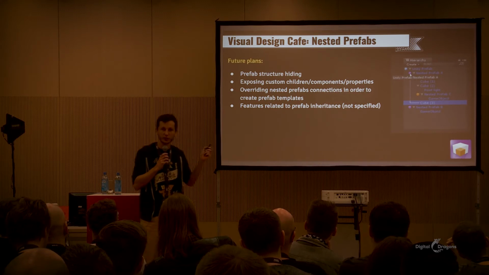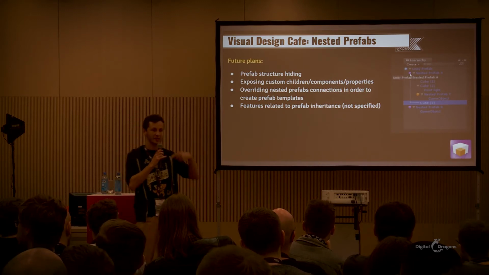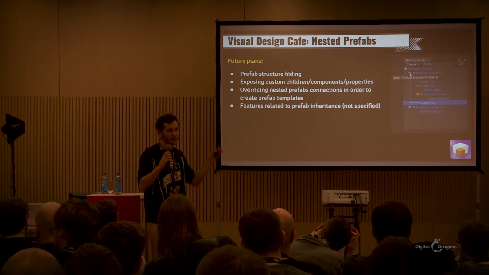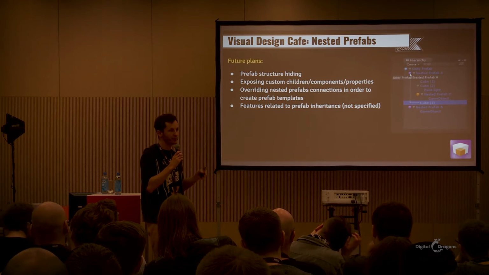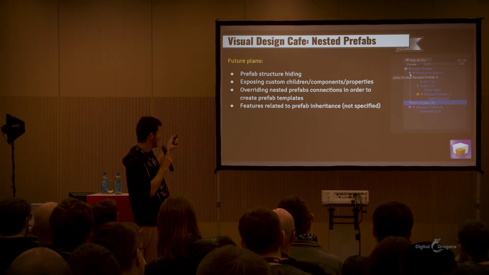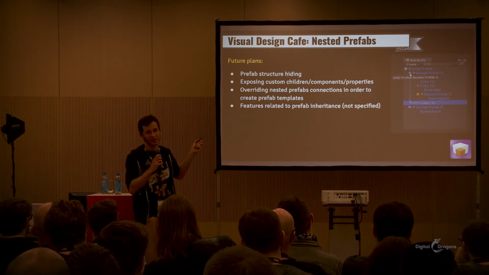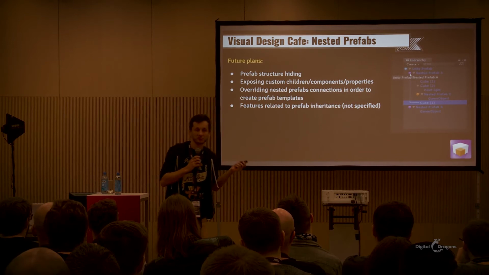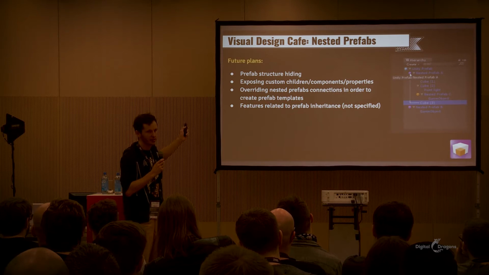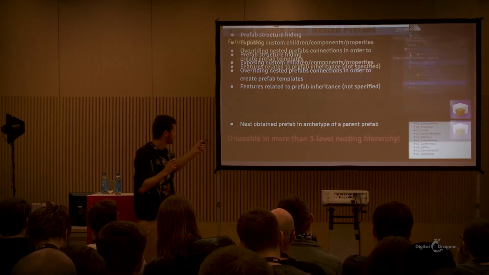Then he wants to add a feature for overriding nested prefab connections, so you can change the nested prefabs that are inside, to create complex nested prefab templates, which can be good. And then he wants to add some features relating to prefab inheritance, but he didn't specify what exactly, so I'm not sure. Okay, so these are two promising plugins that are on the Asset Store, especially the second one.